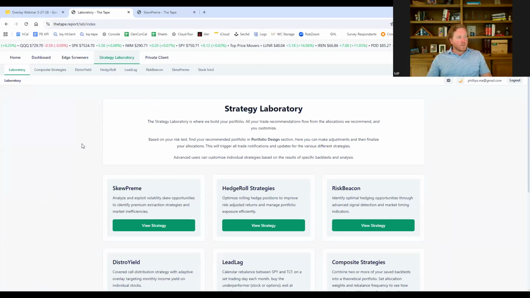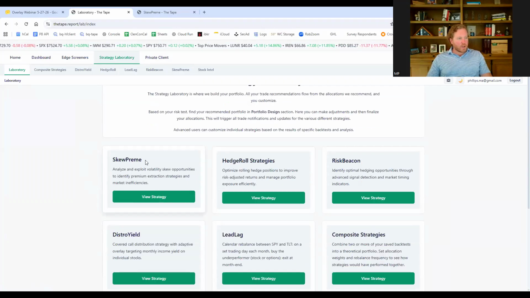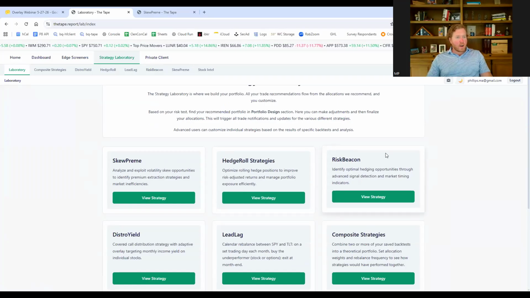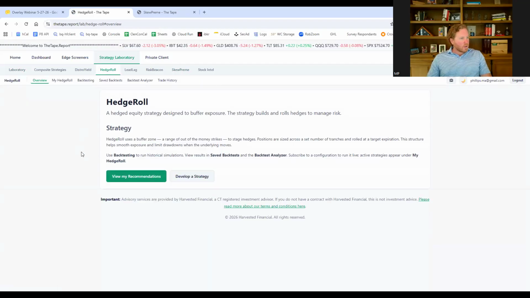So today we talked a little bit about SkewPreme and the HedgeRoll strategies. But as you can see, there are a number of different strategies going on here. There will be future webinars. You're all on the list and you will be notified about those coming up. So please stay tuned. We'll do deep dives into all of these. But first, I will pull up HedgeRoll.